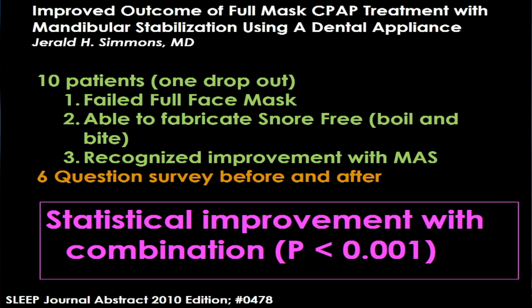And like, hey, this is what I'm seeing over here, this is what's going on, and then you publish it, and that becomes an abstract, and then we're supposed to take these abstracts and continue our study, and sometimes we do, sometimes we don't. Well, this was a simple 10-patient study. One did eventually drop out, but the 9 that stayed in, all of them failed full mask. He did that full mask, he had leakage, it didn't work, and they were going to abandon therapy. They said, we can't tolerate the CPAP.